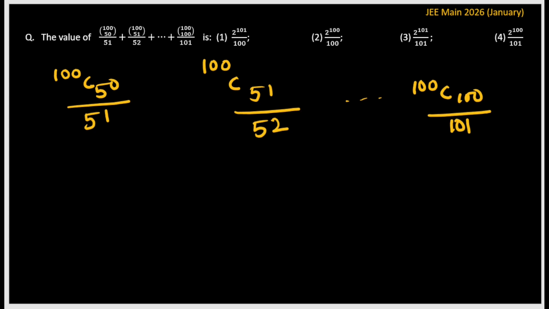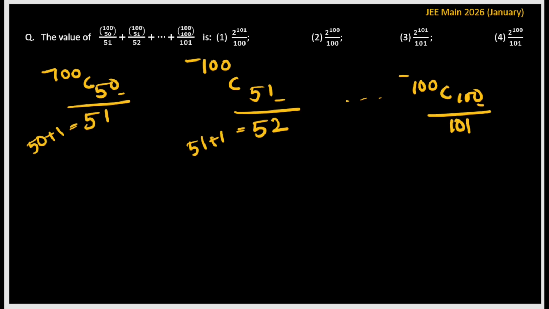So see, the n values are fixed at 100, but the r values increase: 50, 51, up to 100. But in the denominator the first term is 51, that is we write 50 plus 1, then 51 plus 1.